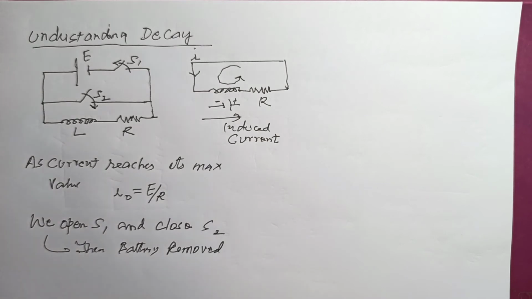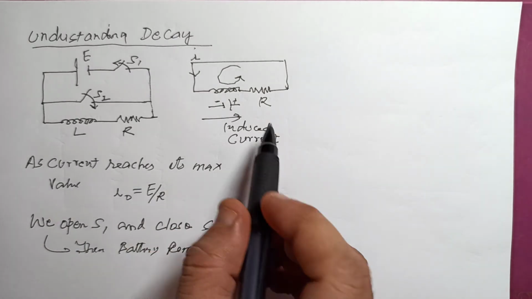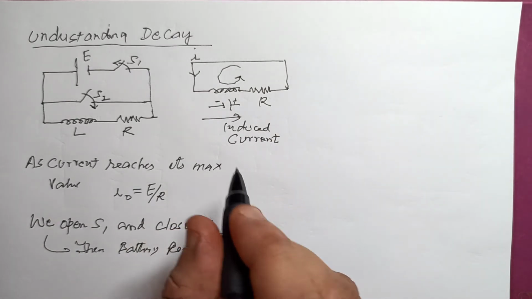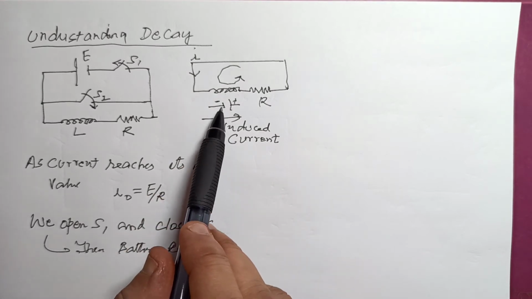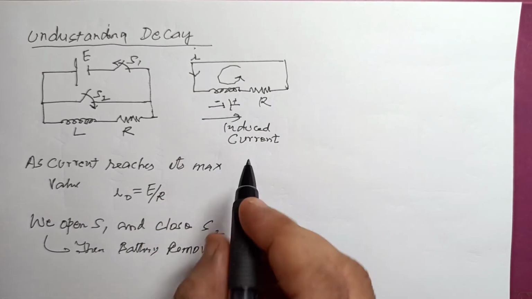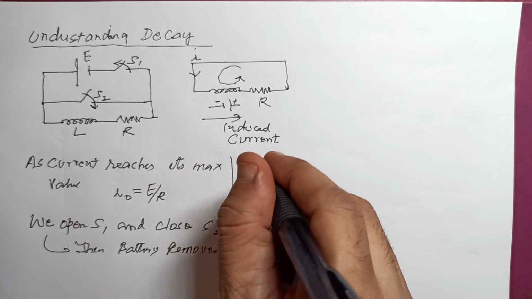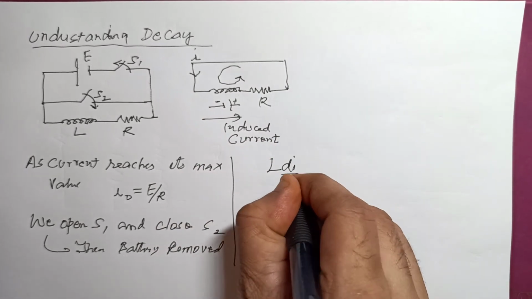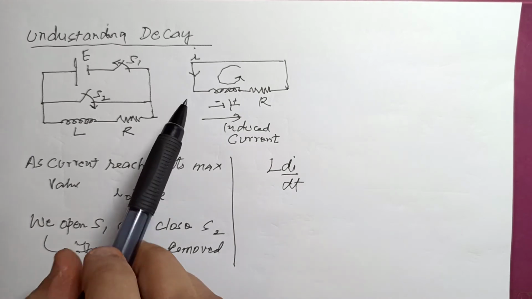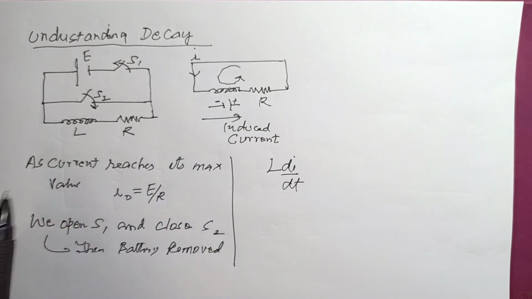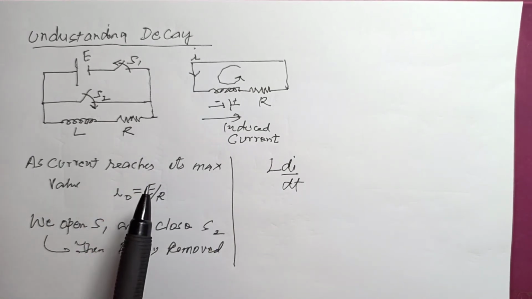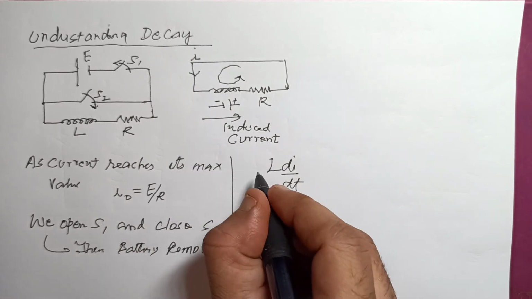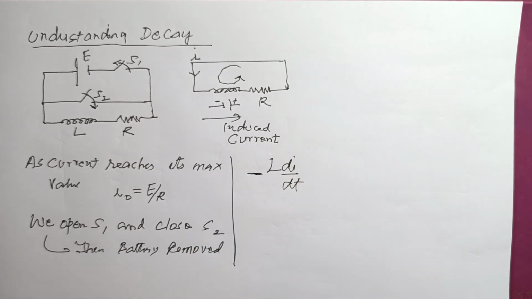Okay, now what will happen? As I said, so now what is the EMF of the current here? The EMF of the current is L di by dt. But remember, it is in the same direction, so it will be minus as per Kirchhoff's law.